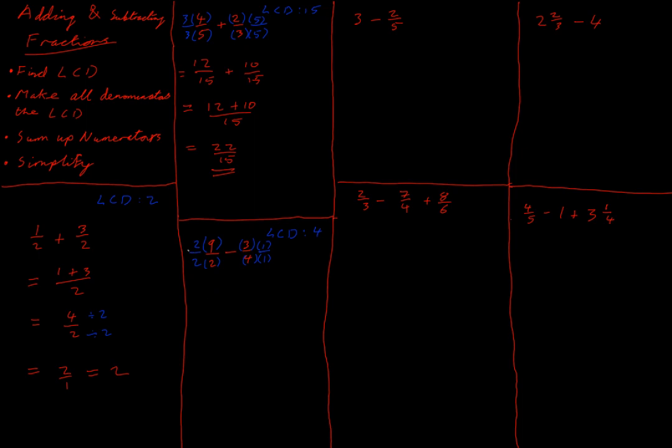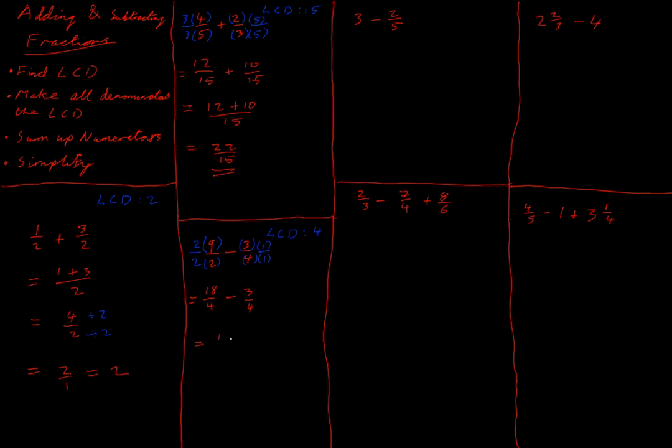So now we'll do out our multiply. 2 by 9 is 18, all over 4. And we have minus 3 over 4. Now we have what we like. We have the same denominator, the lowest common denominator, underneath all of our fractions, so we can add up our numerators, or sum up our numerators, because this time we have a minus.